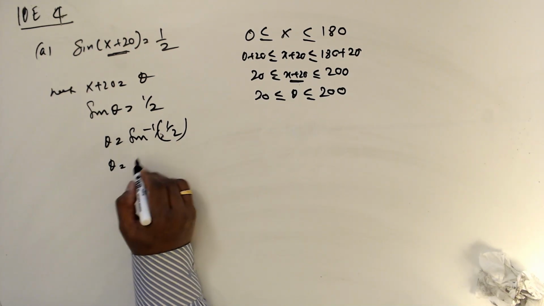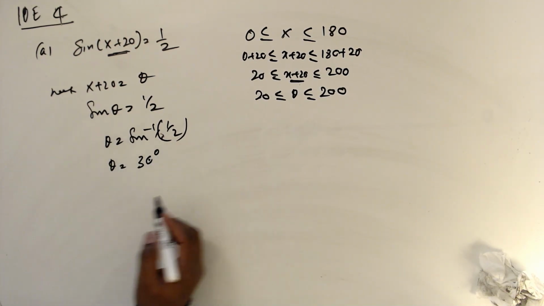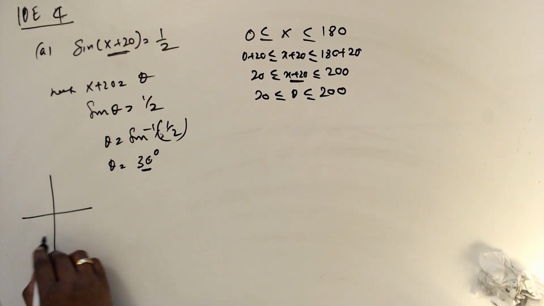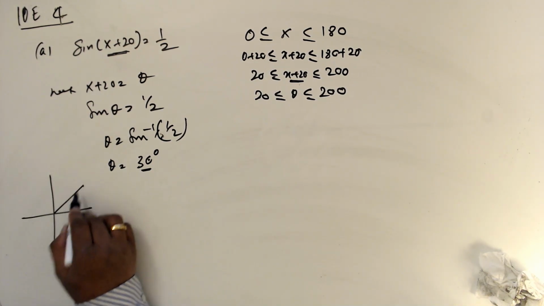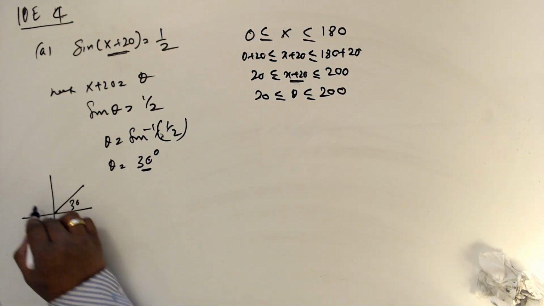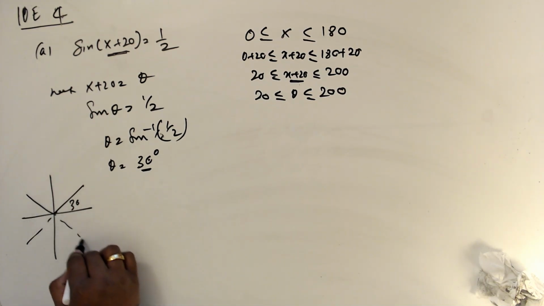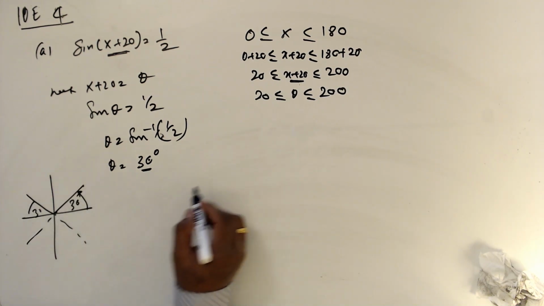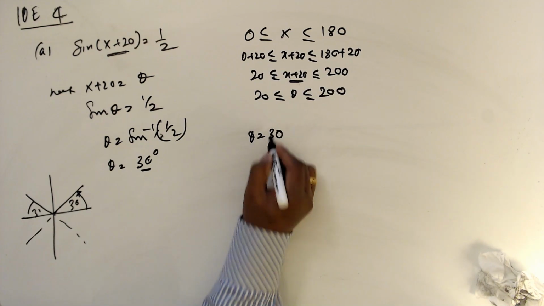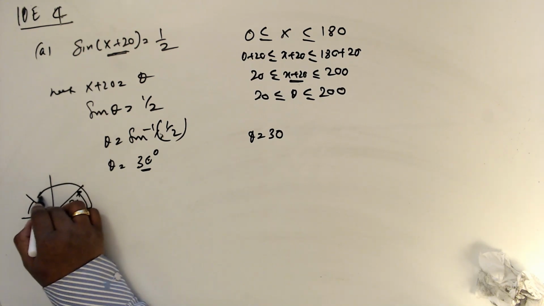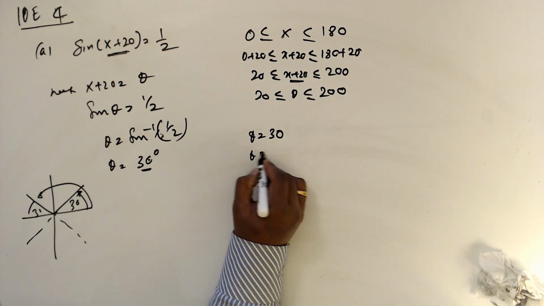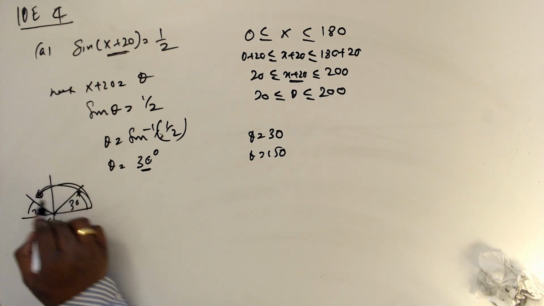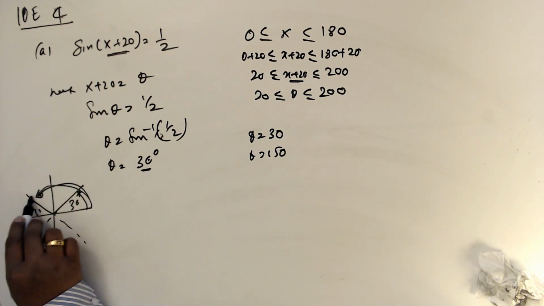So sine inverse half means this is theta. This is an acute angle, and sine is positive in the first quadrant and the second quadrant. So one angle is 30, theta equal 30. The other angle is 150, which is 180 minus 30.